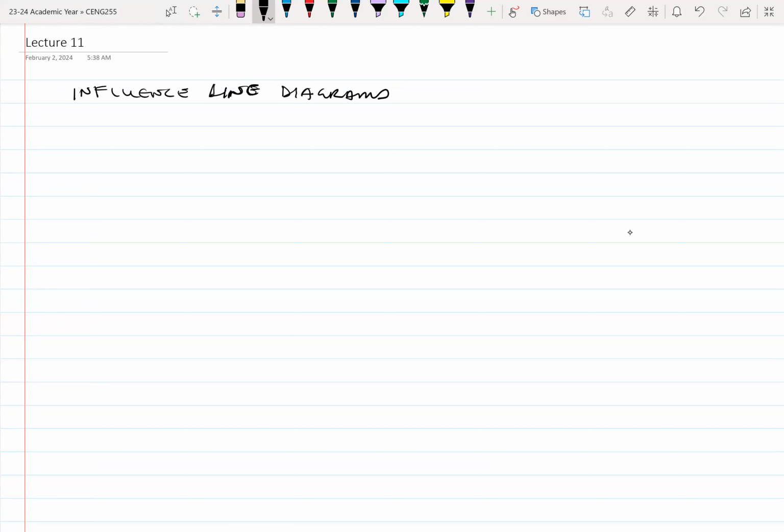So basically, if this is your bridge, and you have on it a moving load, right? So this load, let's say it's a car, maybe 20 kilonewtons, it moves, which means that at every instant in time, if you want to find a shear force for this beam, you have to draw a zillion of these shear force diagrams, right?